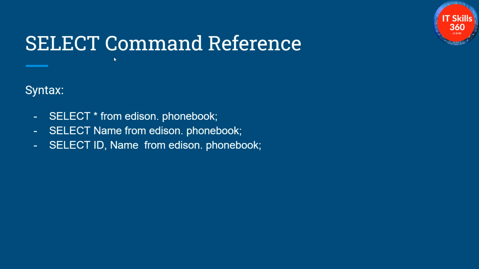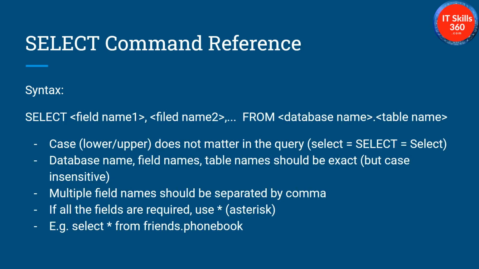Now we have data in the table. Just a recap, because now we are able to execute select commands on our table because we have data. The select statement is select, then field name 1 comma field name 2, from database name or schema name dot table name. If you did use the database, then you don't need this prefix part. The case doesn't matter, you can put lower or uppercase, it's fine.